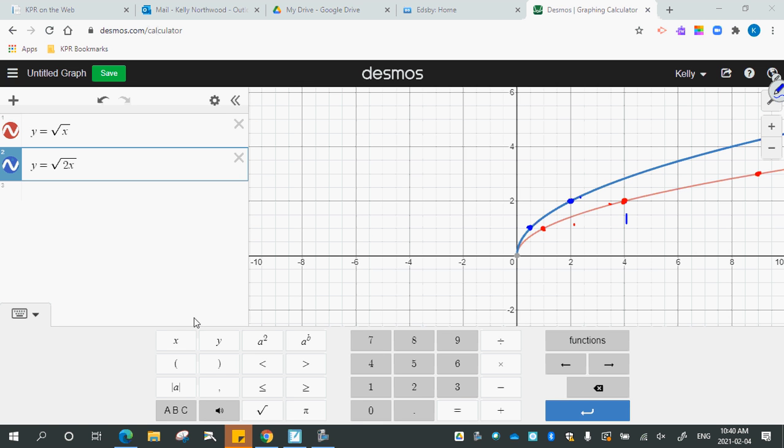Over, what's half of 5? 2.5. Over 2.5, up 1. And then I can keep going over 7. What's half of 7? 3.5. So over 3.5, up 1. Okay? So my overs are going to get cut in half.